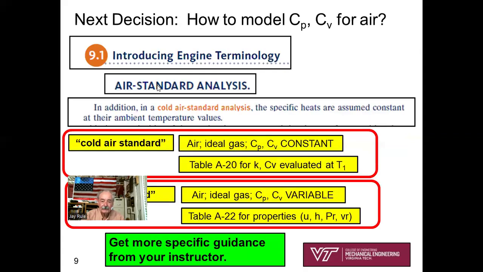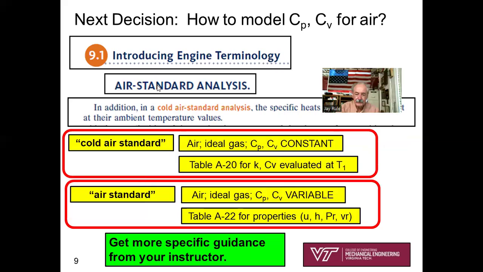I'm going to remind you that when you read through your homework problems, you're going to be directed in your analysis to use either the air standard analysis or the cold air standard. If all you see is air standard, that means use table A22 to look up your properties: enthalpy, PR, VR, and U. If you're directed to use a cold air standard, you're going to go to A20 to get a constant value for CV and a constant value for k, which was CP over CV.